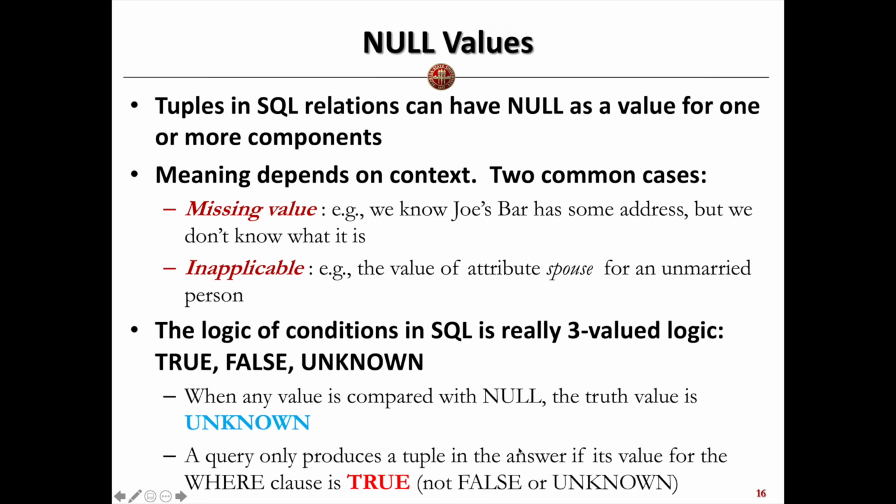Therefore, when we have null values for some tuples, the truth value will be unknown, and they will never be produced by the select-from-where clause. I hope you can follow me. So for the conditions, we can have three different values: true, false, and unknown.